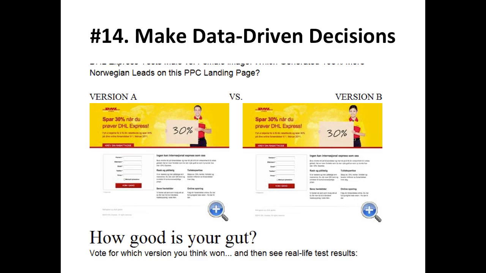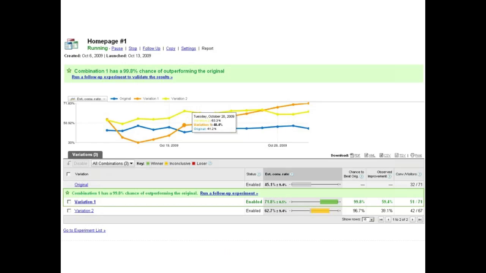Number 14, high converting websites make data-driven decisions. Okay, so here's an example of one of the tests that I talked about in the previous week. Okay, there's version A, version B, and obviously one of them converted higher. So the takeaway is that you have to do tests. Okay, you have to do tests, and you have to look at your figures, the resulting figures.